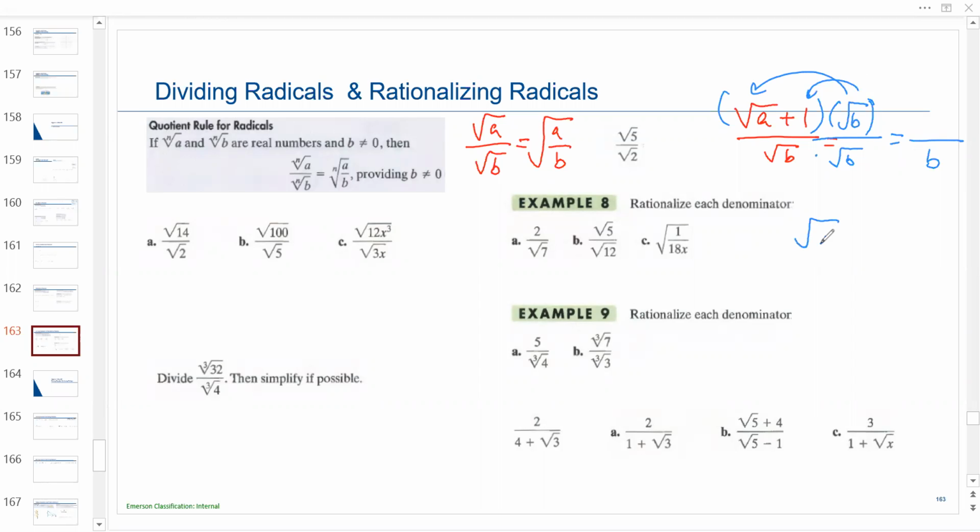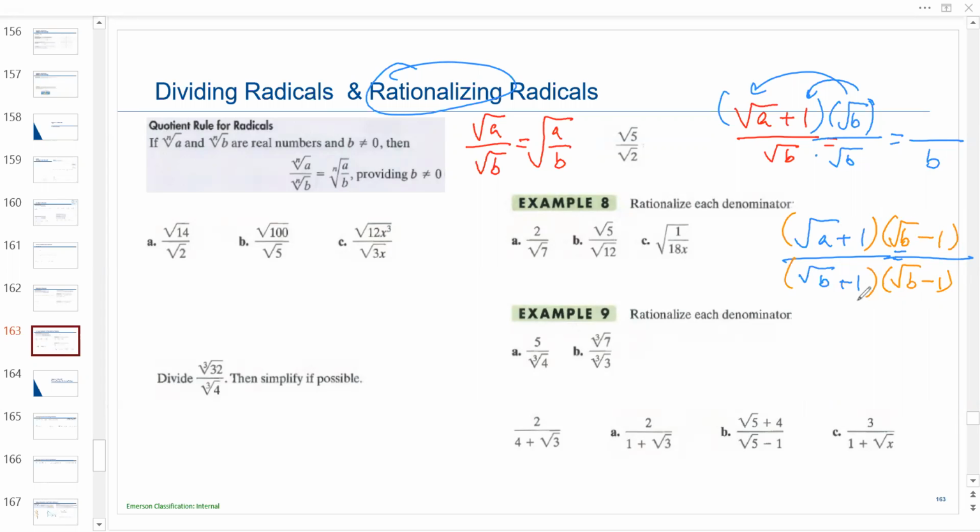What about two terms? When there are two terms, how to do that? So we use the rationalize method. How do we rationalize? We use the conjugate method to get rid of the radicals.